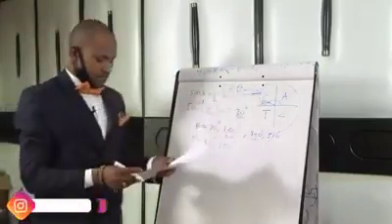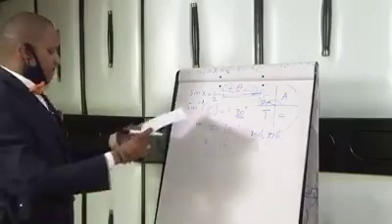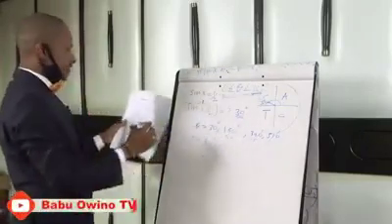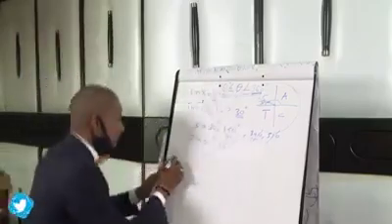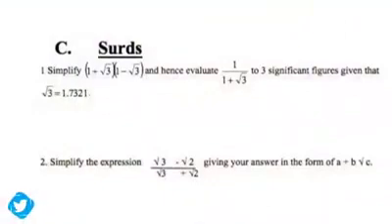Our next question is on surds. We are told, question number 5, to simplify 1 plus root 3 into 1 minus root 3.